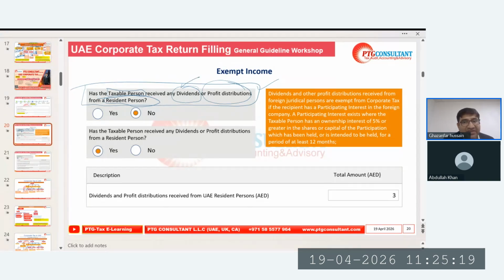Then the second is the dividend and profit received from a resident person. Now, what is the taxable person? A taxable person means company A, B, C, or let's say PTG Consultant is a taxable person or a resident person.